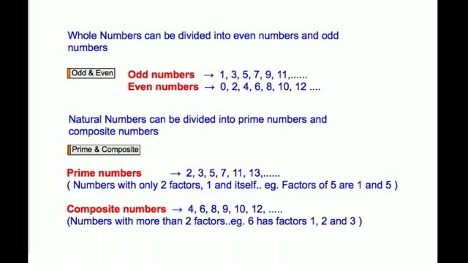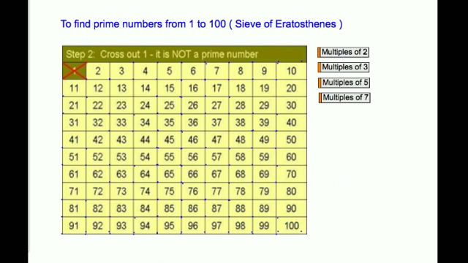Next, we will see a method on how we can get prime numbers from 1 to 100 using a method called the sieve of Eratosthenes. In this method, we begin by drawing out a table 1 to 100, and we first cross out 1, which is not prime because it has only 1 factor.